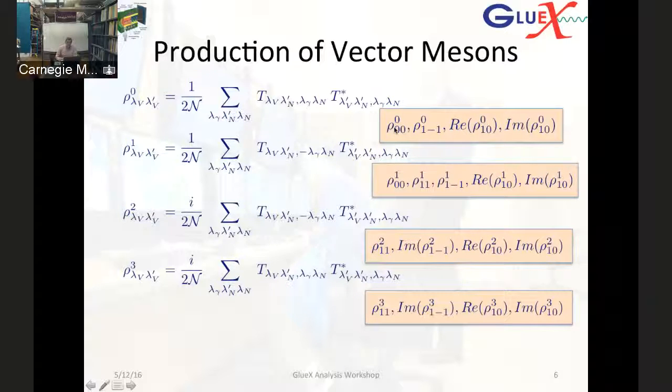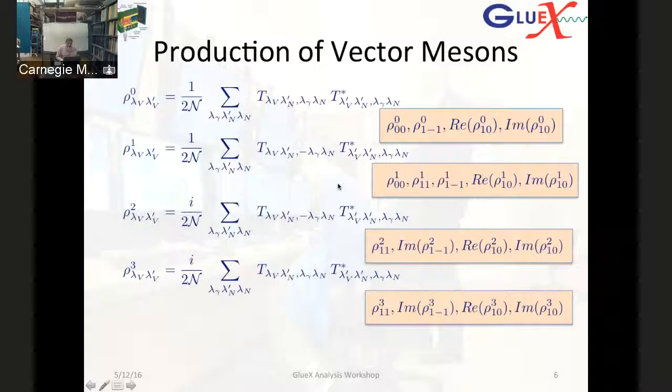So the row 0, 0, 0, 0 is real, this one is real, this is purely real, it's an off diagonal, so I wrote it as the real part of it, but there's no imaginary, there is an imaginary part, so there's a real and imaginary part of this one. And same for the row 1, they can be projected out from these amplitudes, and it basically has to do with putting the correct density matrix for the photon in, calculating it. So there's 5 things here that in principle exist. Row 2, there's 4. Row 3, there's 4.